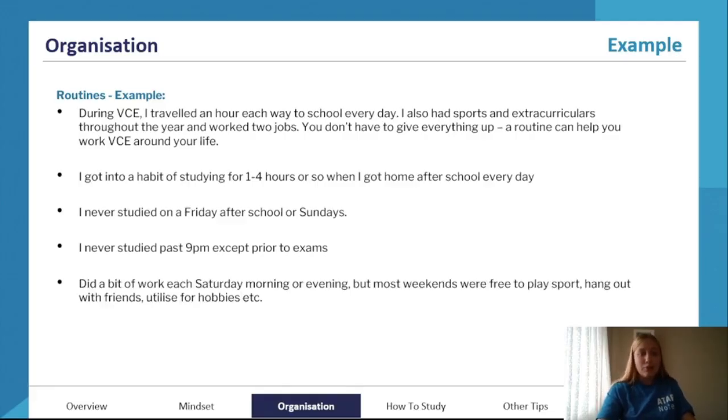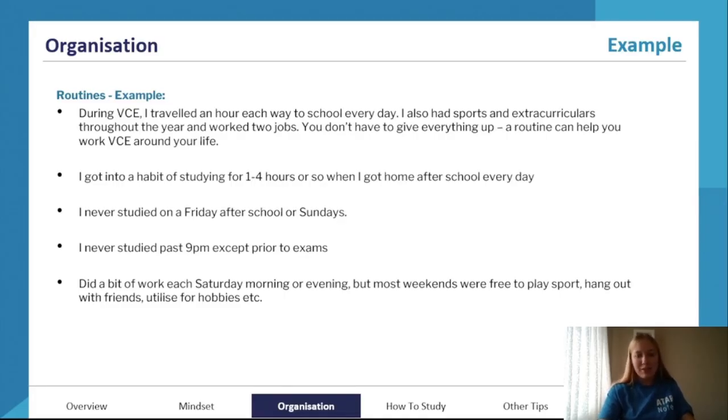And I would do some work every Saturday morning and evening, but I would have most weekends free to do the things that I enjoyed, and see friends and use them for hobbies or work. So even on the weekend, it's really good if you can spread the work out so you still feel like you've had a weekend, but you're still getting things done.